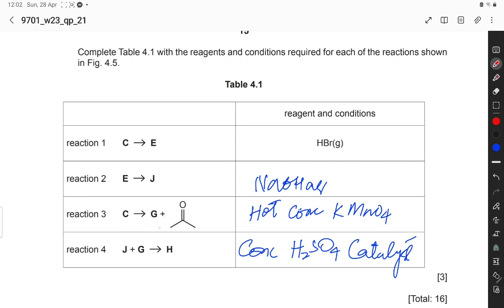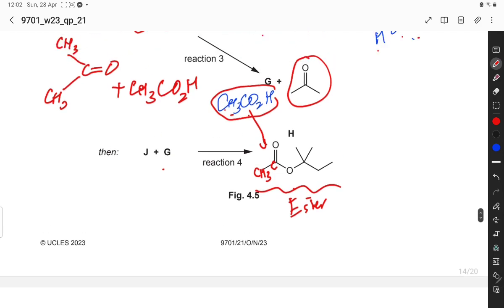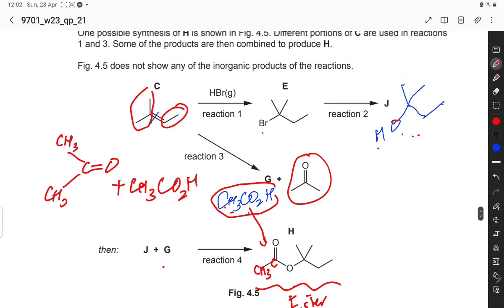C to G plus O: hot concentrated KMnO4. This is C. Over here the double bond is broken by hot concentrated KMnO4 and forms these two products.